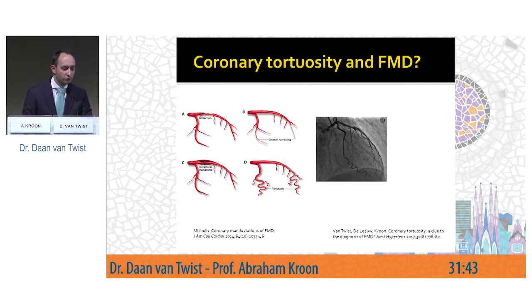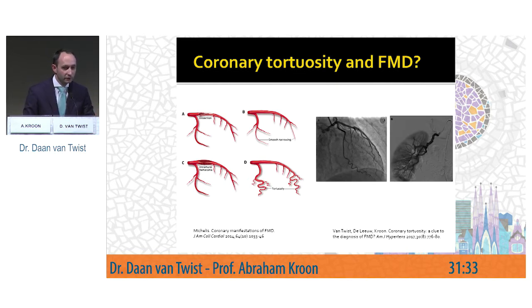So we looked at just 5 patients who had coronary artery tortuosity without a SCAD, and looked whether they had FMD. Indeed, they all had FMD. I know it's a very small series, but I think there has to be an association between coronary artery tortuosity and FMD.